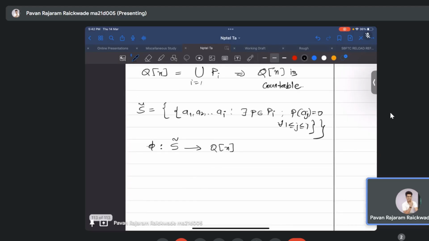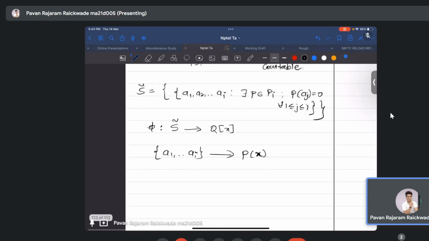Now what I'll do is map this set A1 up through A_i to the polynomial P(x). So this is a perfect mapping. This is a 1-1 mapping, you can verify. Not onto, sorry, this is a 1-1 map.